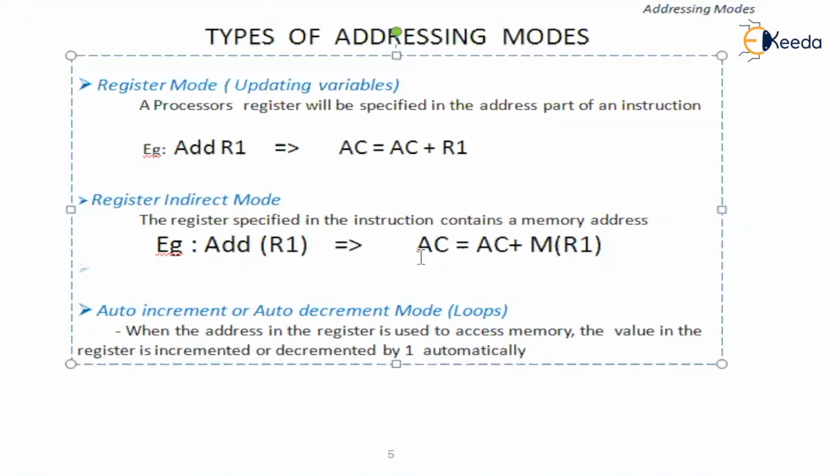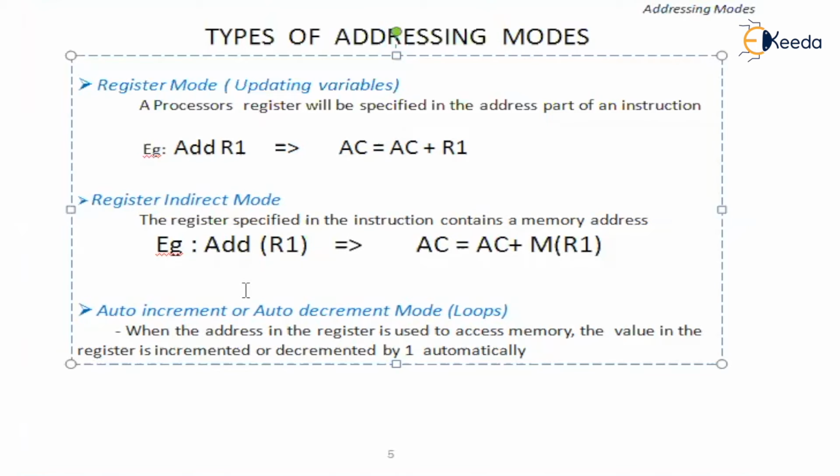But the difference is, in the auto increment addressing mode, the contents of R1 will get incremented after performing the operation. But in the auto decrement addressing mode, the contents of the register will get decremented before performing the operation. We will see in a short while how auto increment and auto decrement exactly work.